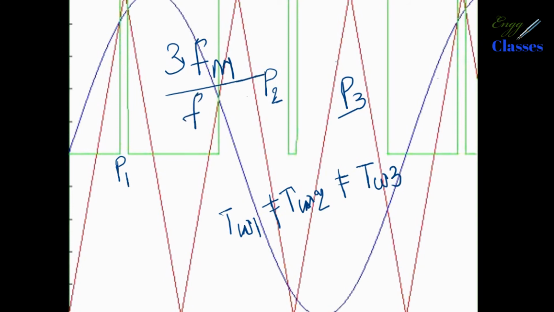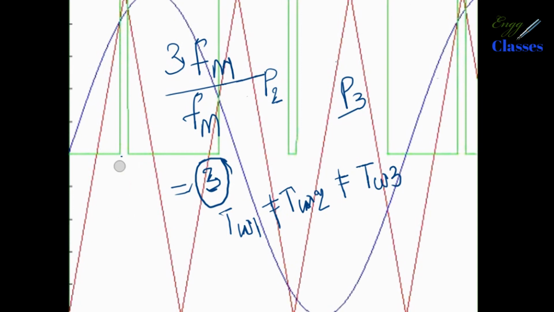Divided by the frequency of the modulating signal, it is equal to 3. Here, this 3 is known as the frequency multiplier. So the number of pulses is equal to the frequency multiplier of the circuit. The frequency multiplier is nothing but the ratio of the frequency of the carrier signal to that of the modulating signal.